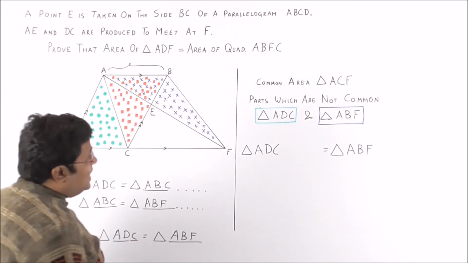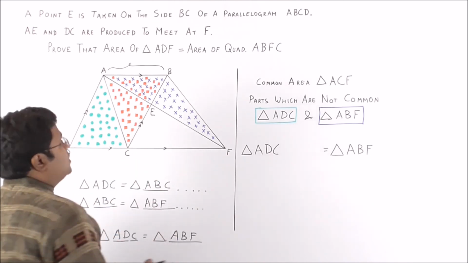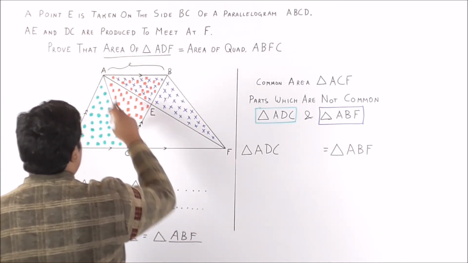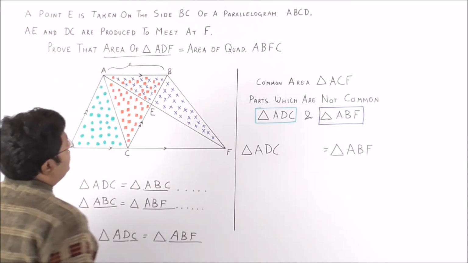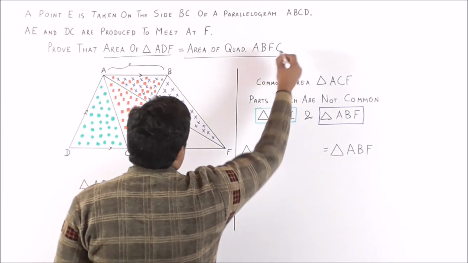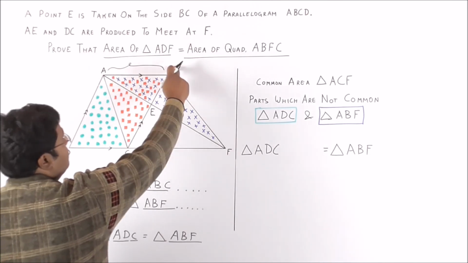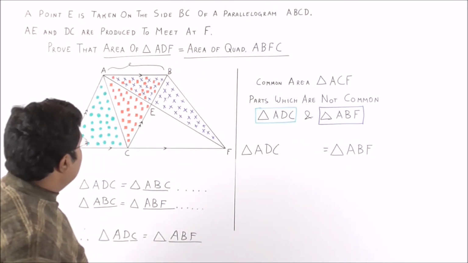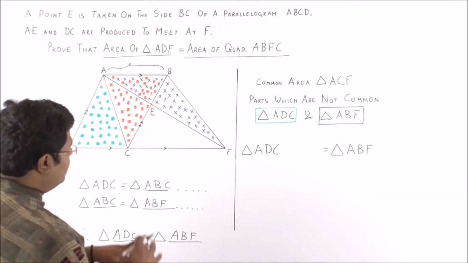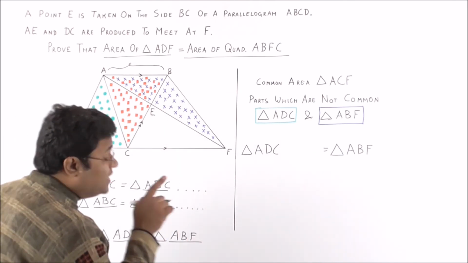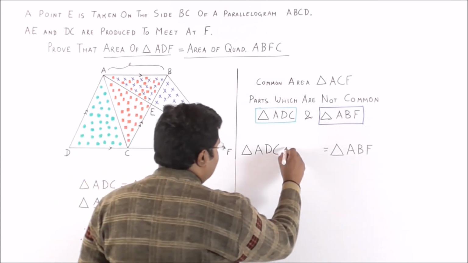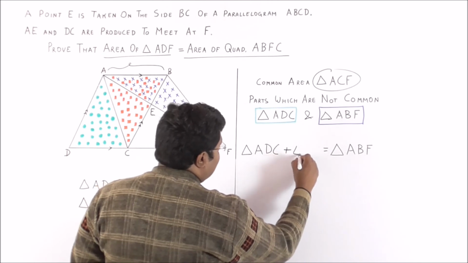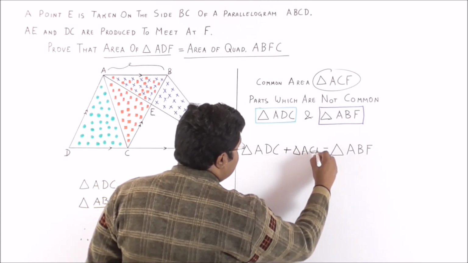Now we need to add something to both, because if you remember, the proof started with area of triangle ADF equal to area of quadrilateral ABFC. So the blue part and green part which was not common, we worked them out so that they were equal. Now we need to add the common part. The common part was this, that is the triangle ACF.